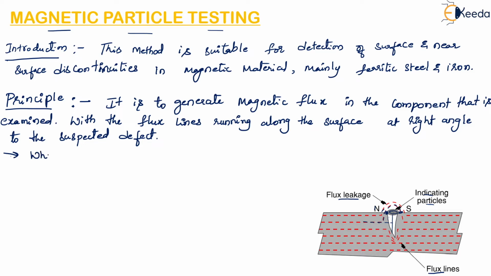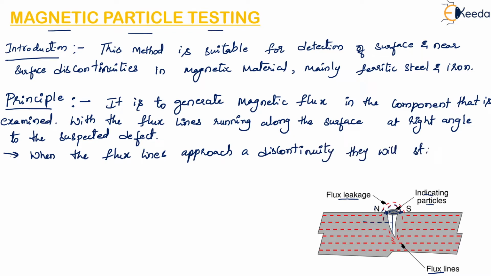So when the flux lines approach a discontinuity, they will stray out into the air at the mouth of the crack.